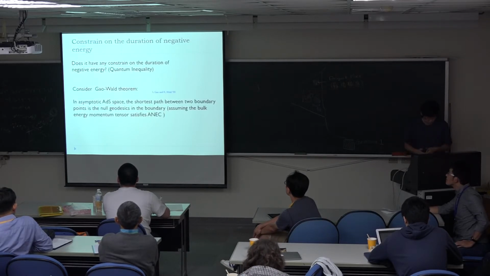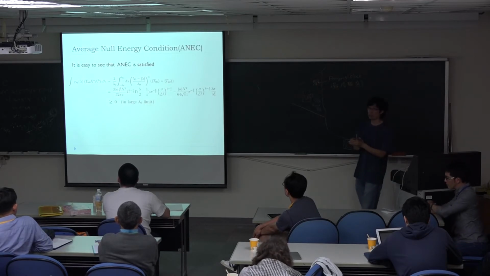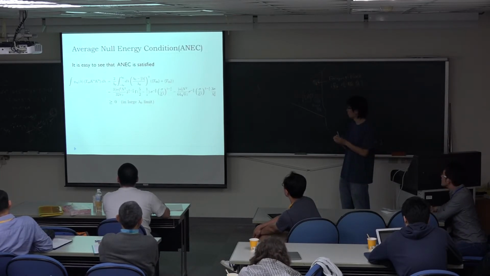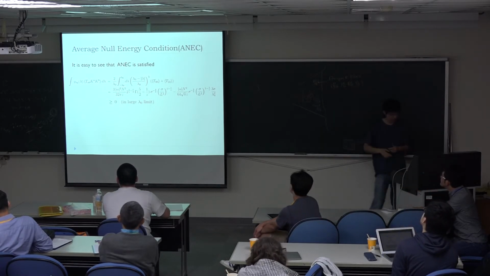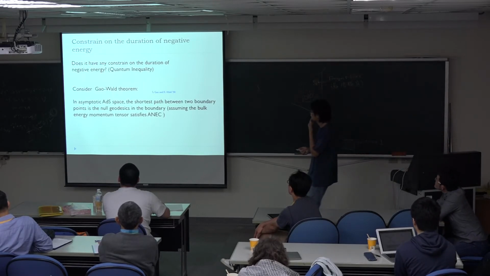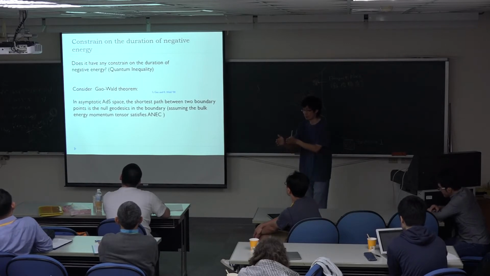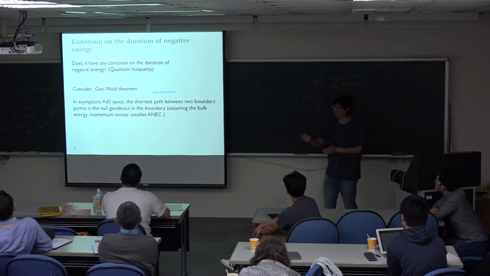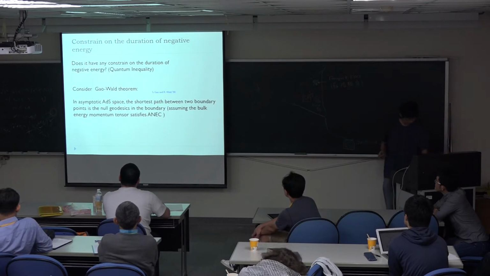Okay, so now as I said earlier, even though the energy density is positive after you integrate over a long path, still locally it cannot be too large. So we are trying to find some constraint on some semi-local energy condition.